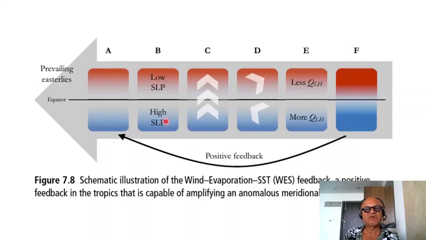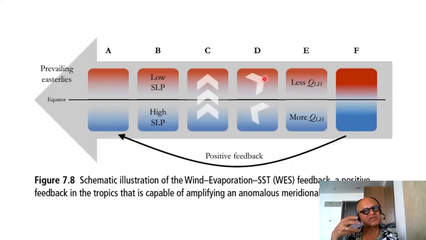So you have low sea level pressure and high sea level pressure, which should drive a wind anomaly, and then you add wind anomaly related to the pressure gradient. But because of Coriolis, you create westerly anomalies here and easterly anomalies here. So this adds to the prevailing easterlies and increases the wind speed, latent heat loss, and colder SSTs, whereas here it weakens the easterlies and reduces the latent heat loss.